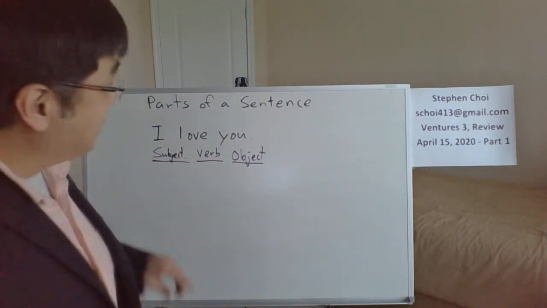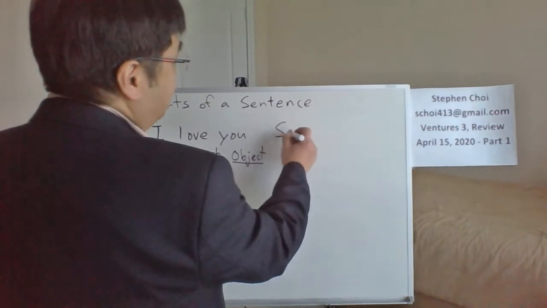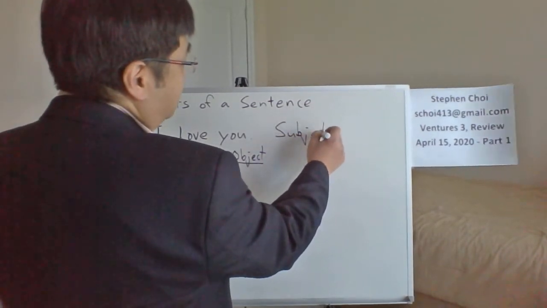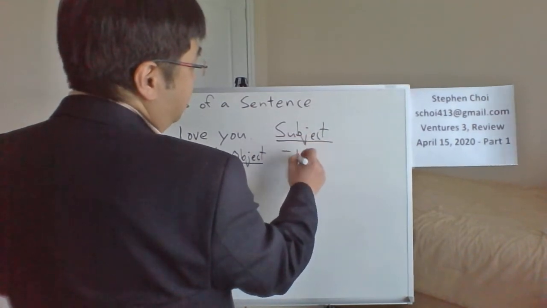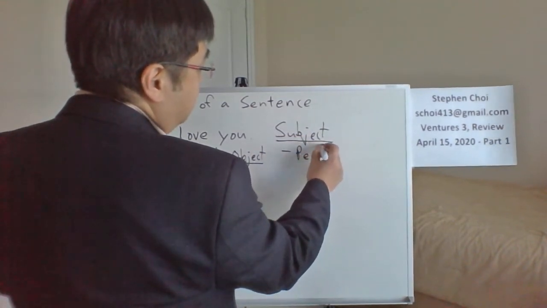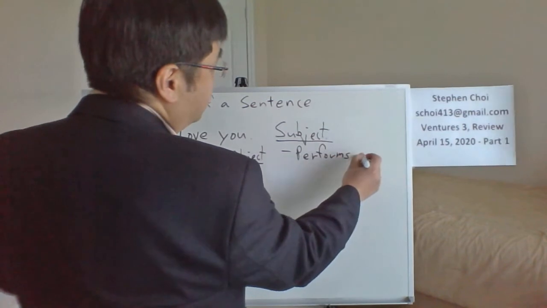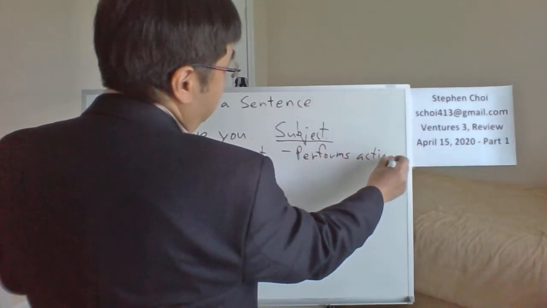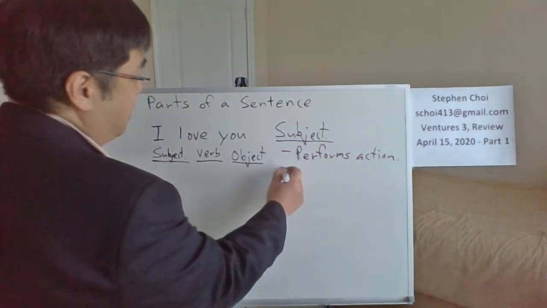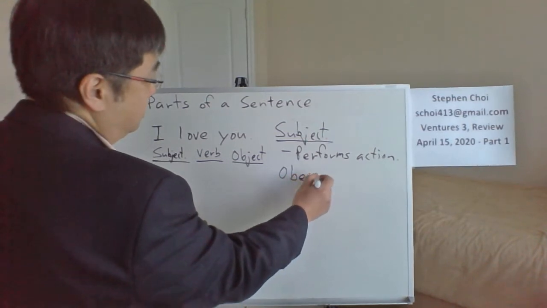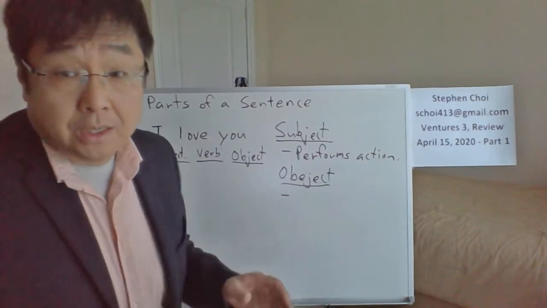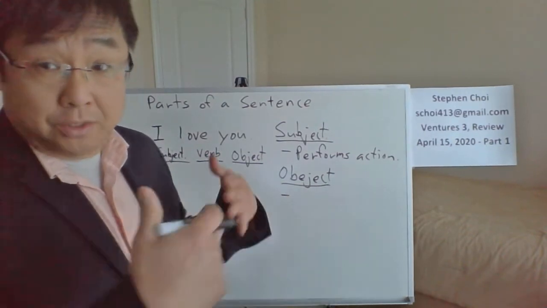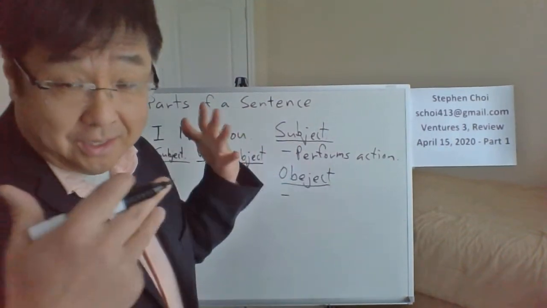All right. So again, we're still reviewing. So subject is what? Subject in the sentence performs action. Okay, how about object? Subject performs action. Subject does the loving.